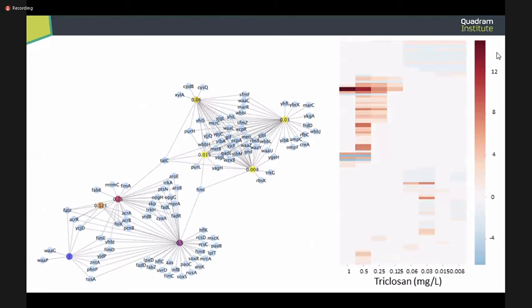We identified almost 70 genes, involved in almost 7 different pathways. And we can see that it has a cidal and static mechanism by looking at the network. The low concentrations cluster together, and the high concentrations cluster together. This can be shown on the heat map as well.